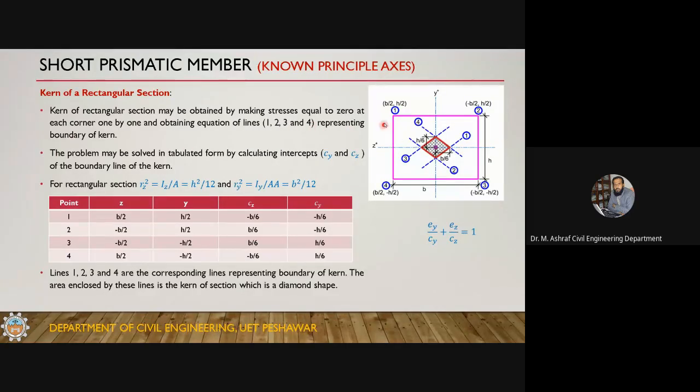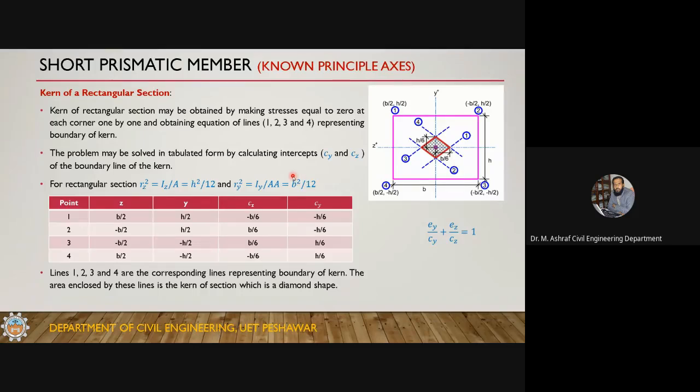Take stress equal to 0 at point number 1, and you will get line number 1. Then make stress equal to 0 at point number 2, you will get line number 2. Then at 3, you will get line number 3. Similarly, take stress equal to 0 at 4, you will get line number 4.